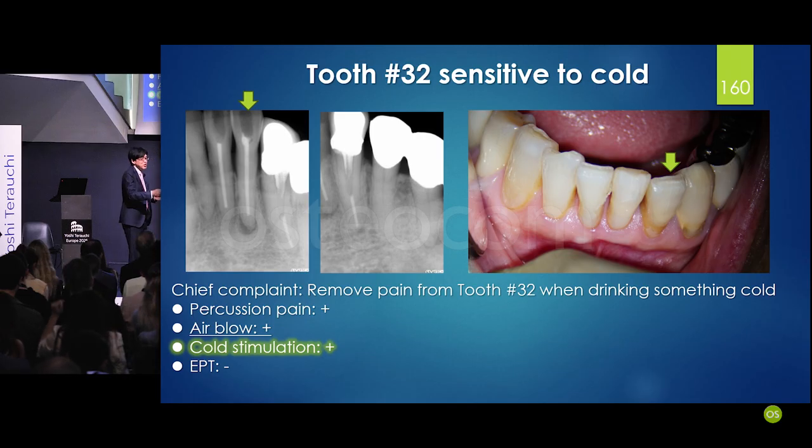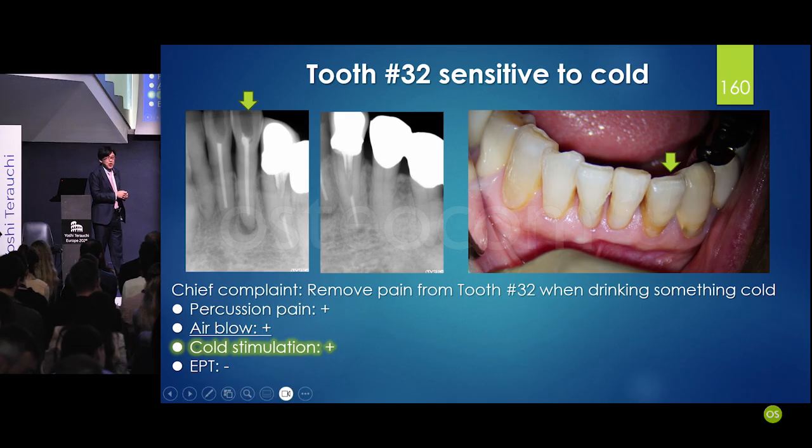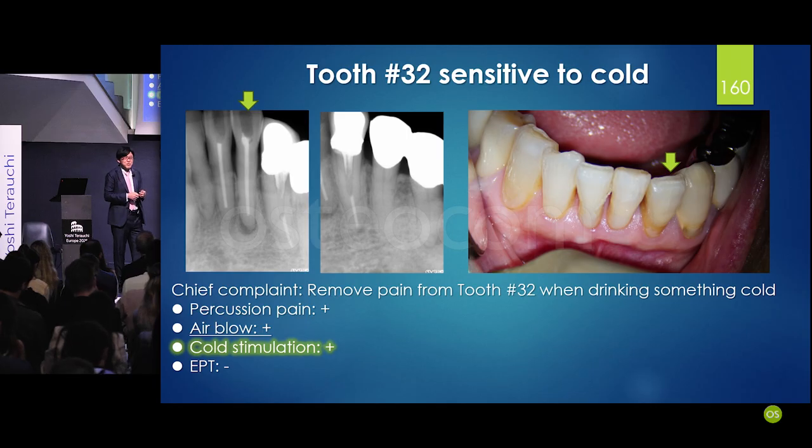Yes, you can do the root canal treatment because you see periapical radiolucency, but root canal treatment will not remove the pain from this patient. How do you remove the pain from drinking something cold? Why is the patient having pain when drinking something cold? Why? Come on, you know the reason.